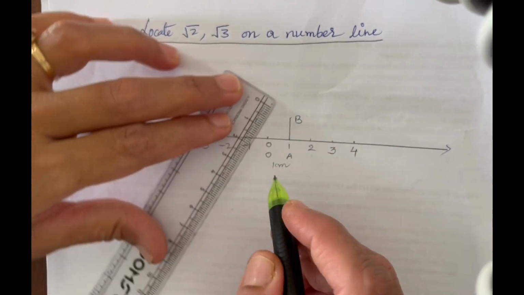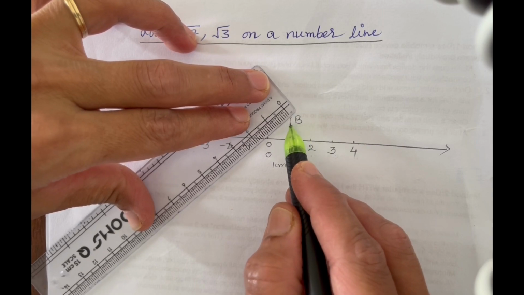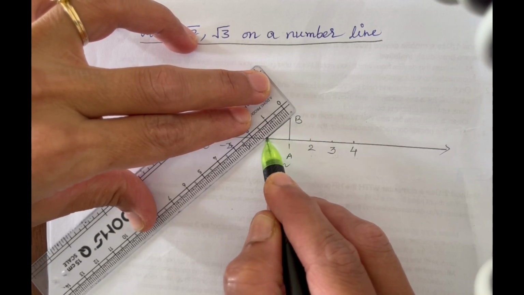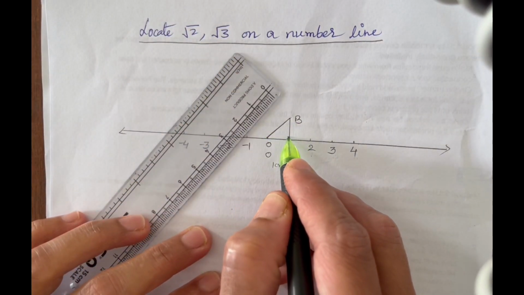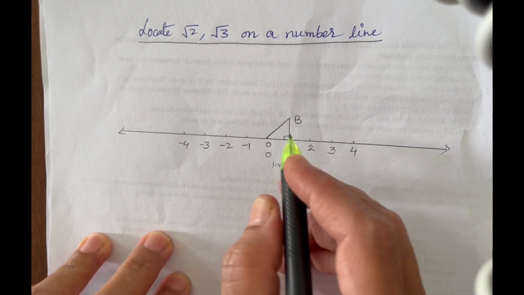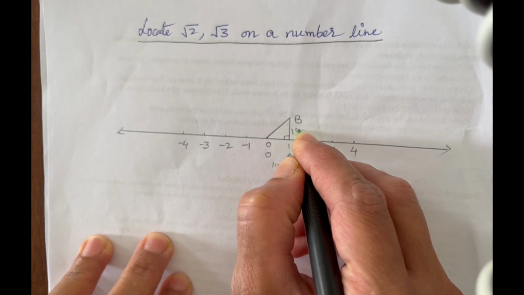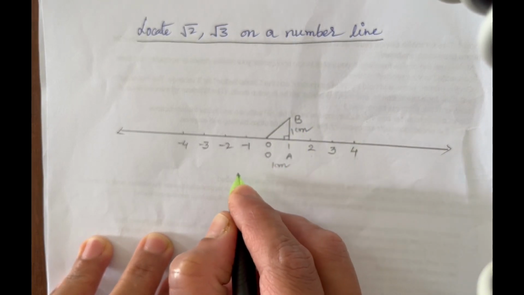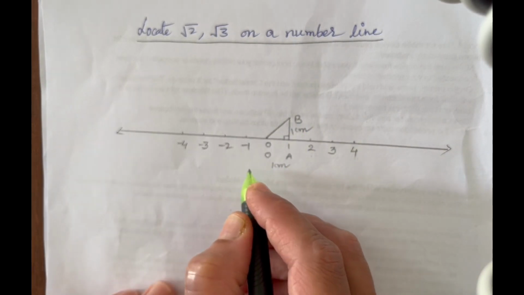I will join OB. As you can see, at A it is a 90-degree angle. So I have to find OB now. AB also is 1 centimeter. So for that, I need to use Pythagoras theorem.